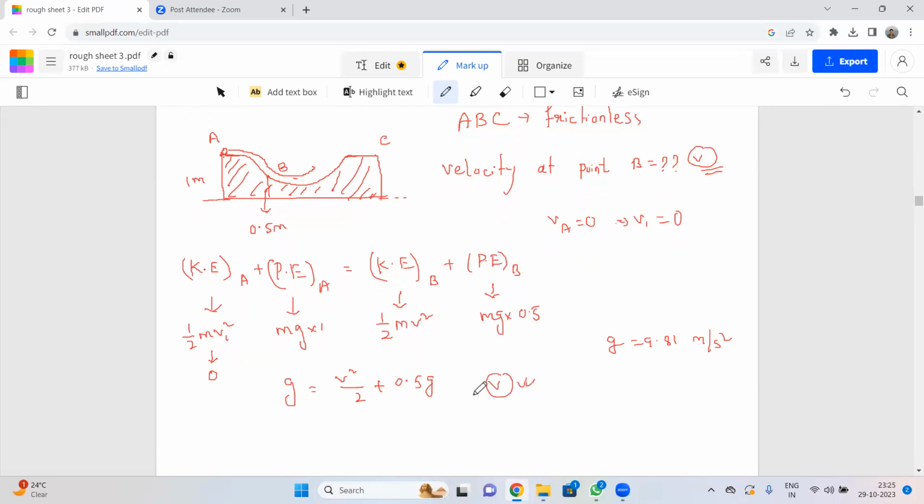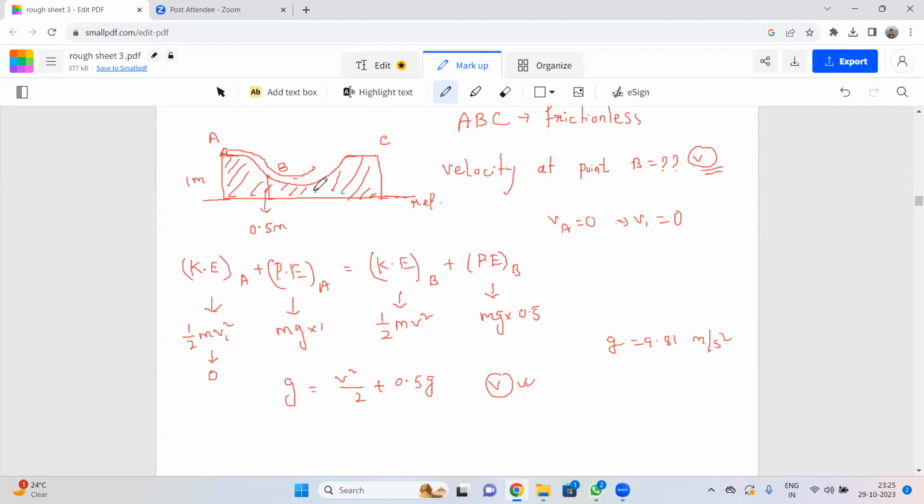Now, one thing that you need to be clear about is that the height should be measured from any one reference. For A, if you take the height from this reference, then for B or for C also, that should be your reference. So we need to take the height of point B from this reference only.